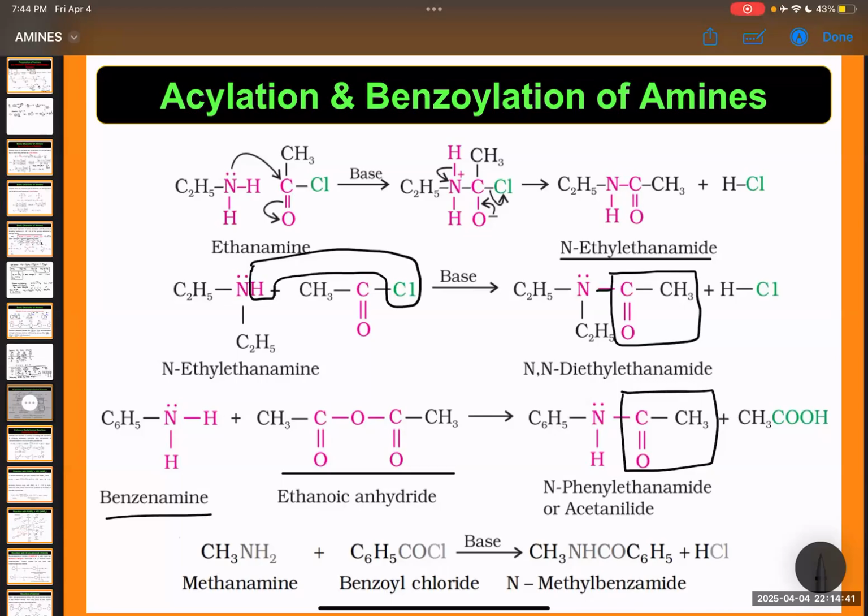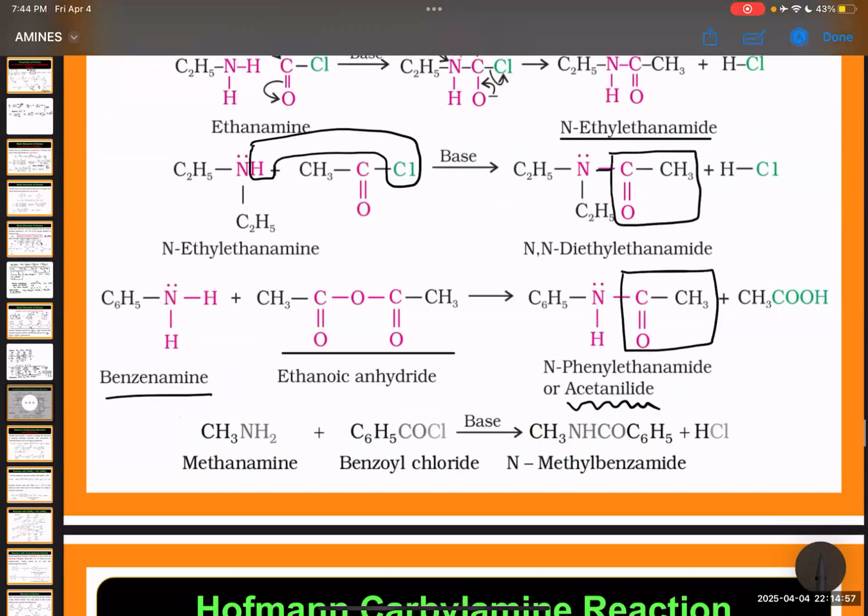If you carry out the acetylation of aniline or benzenamine, the product is known as acetylated aniline, which is a very common reaction. This is methylamine, and you are carrying out benzoylation. You are attaching this benzoyl group by removing HCl. So you have this benzoyl group connected in place of H. You can see the HCl is removed, COPh is going to come and attach.